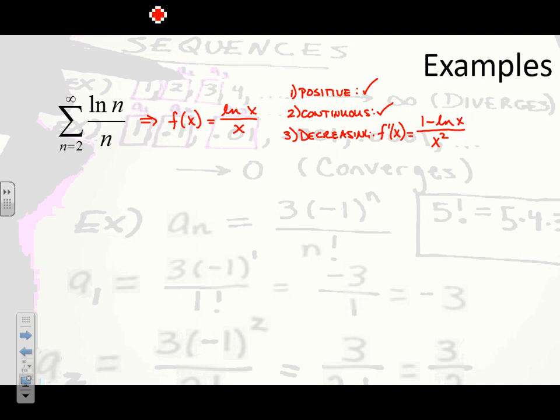So one of the things that you might have to work with or think about on these types of problems is the initial part of our function. When we test this whole decreasing portion, it might actually increase for a little bit to begin with.